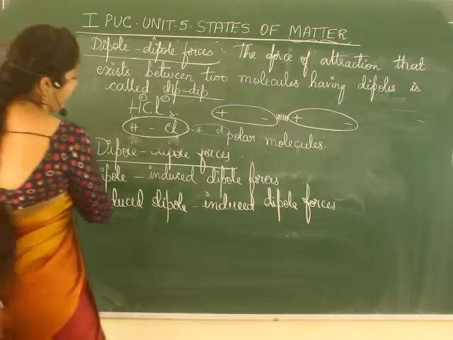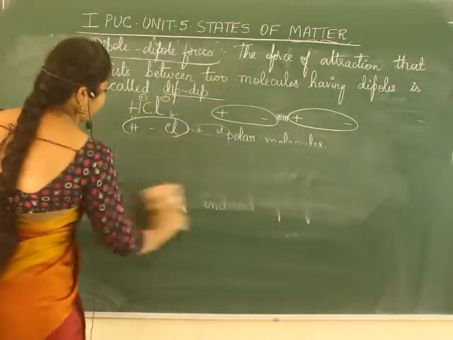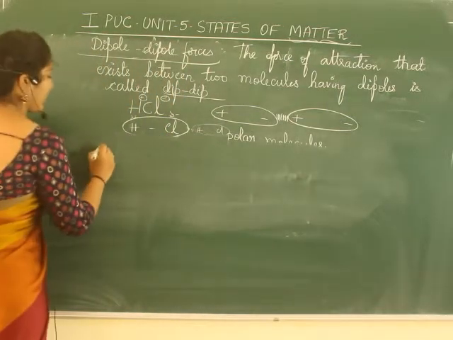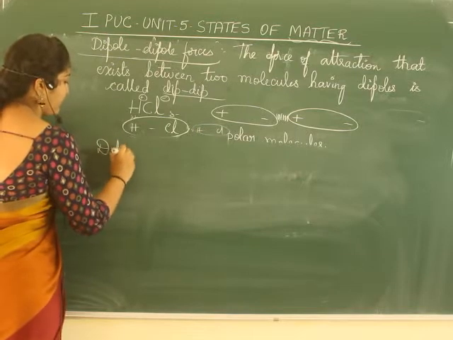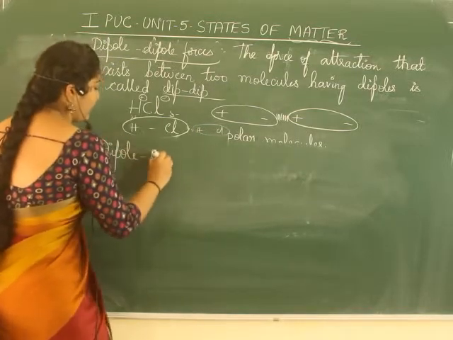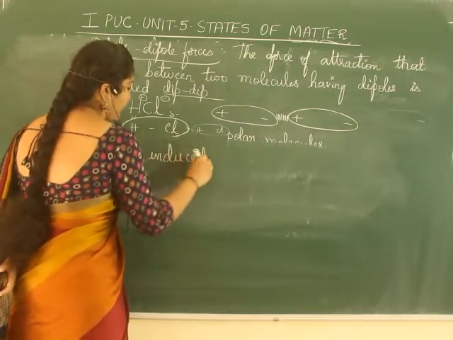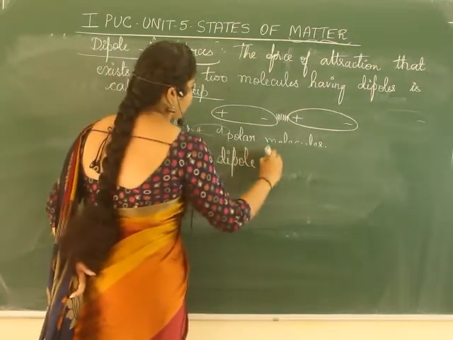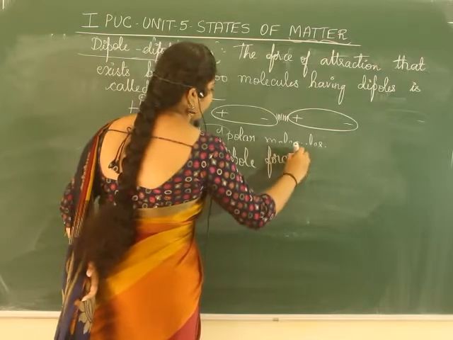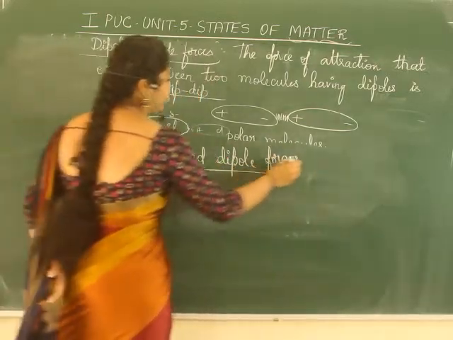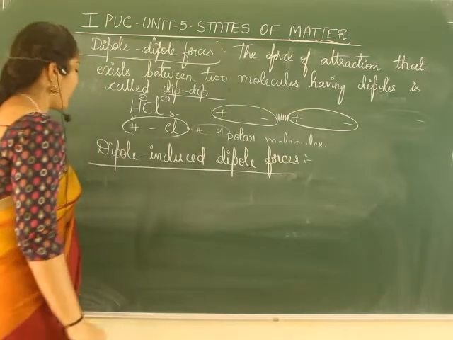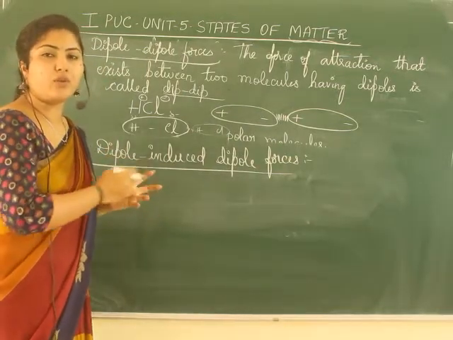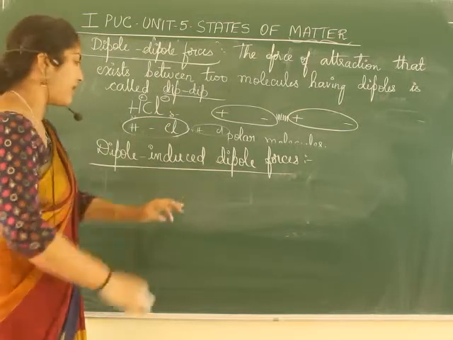Okay. Now let us see the next type of forces, which is called dipole induced dipole forces. Here you know what happens. Dipole means, now you are familiar, that which has two ends, a positive and a negative end.